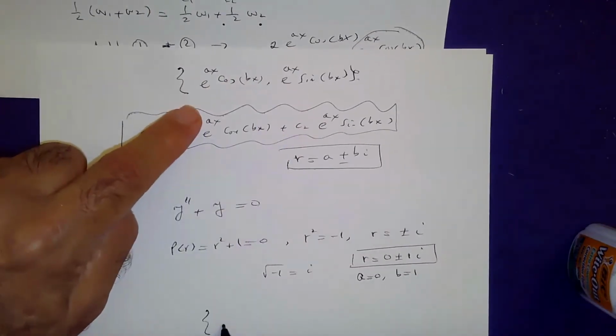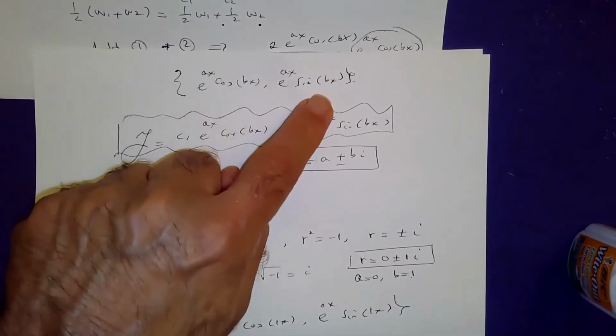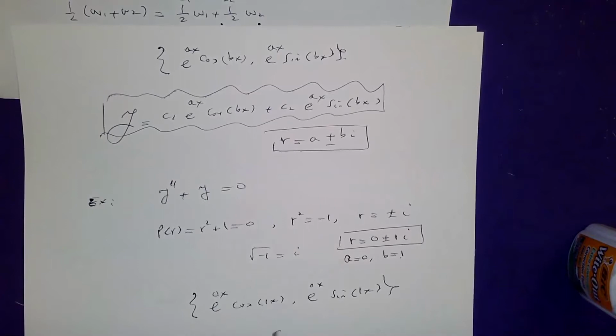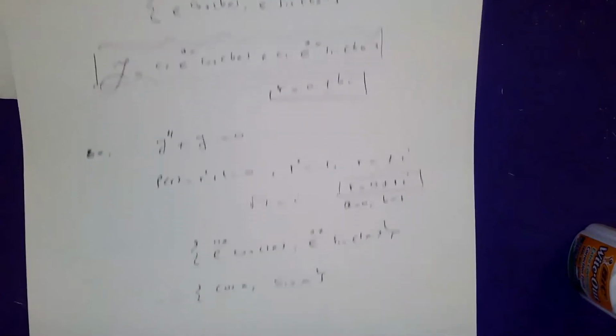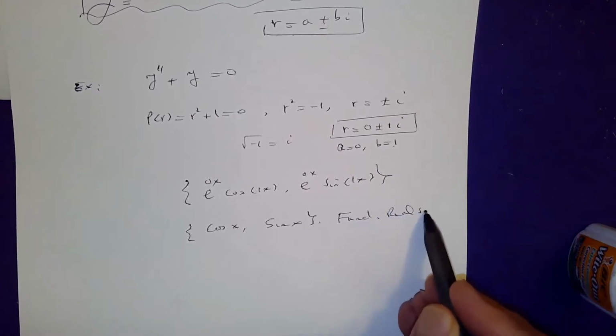And this is how my fundamental solutions should look. The fundamental solutions are e to the 0x cosine of 1x and e to the 0x sine of 1x, you know, sine of bx. So the answer is e to the 0 is 1, cosine of x, sine of x. Those are my fundamental real solutions.